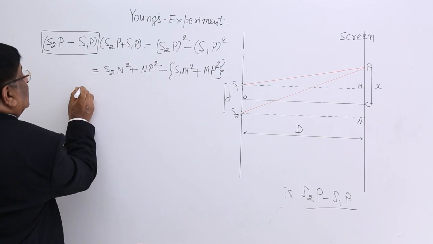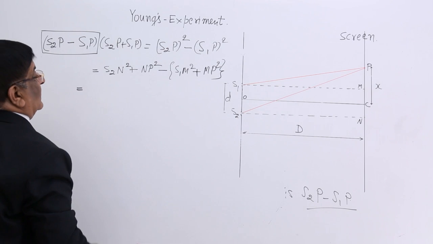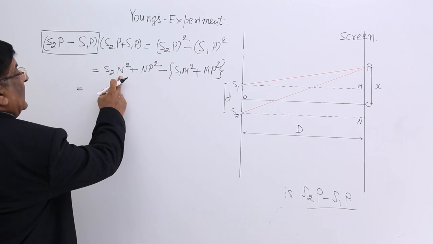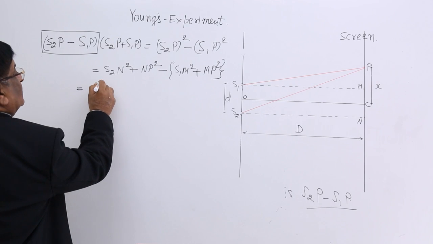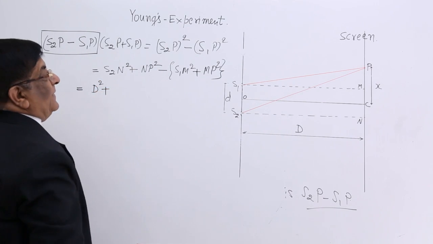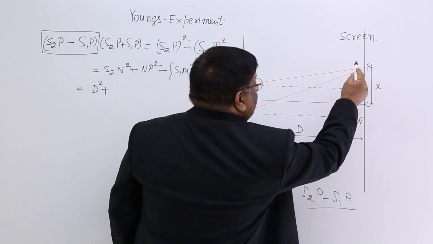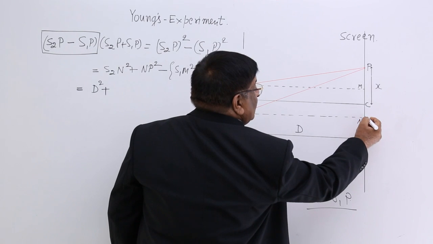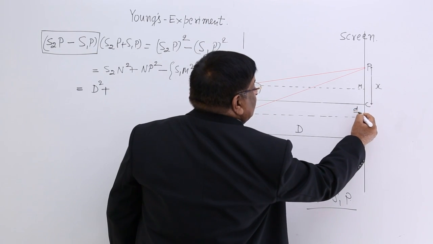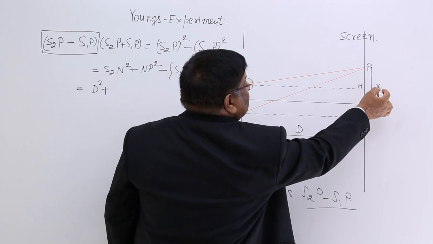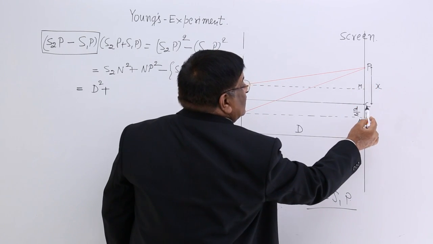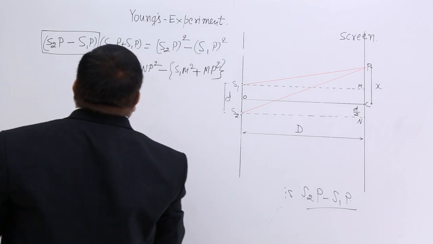Now I convert them in the form of capital D and small d. S2N is capital D, this is D square plus NP square. Now the width from this to this is D by 2, and from this point to this point is x. So PN is equal to x plus d by 2.